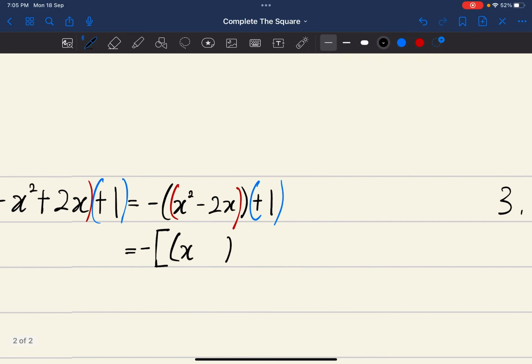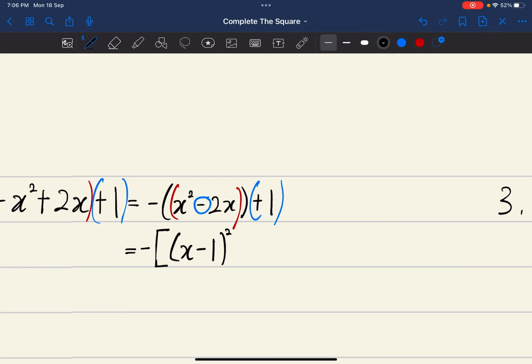So it's x squared, now we write x, and now we look at the sign of the coefficient of x. In this case, it's negative, because right here it's negative. So we write negative. And what's the absolute value of the coefficient of x? 2, right? So we divide 2 by 2 because that's the step that we do. It's always going to be divided by 2. Then you close the bracket and square it.